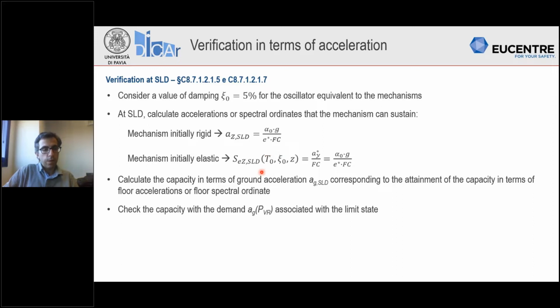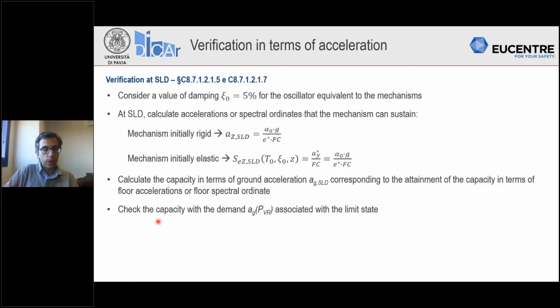So once you have identified the capacity, you will have to move to the capacity in terms of ground acceleration. So you will have to move somehow from the floor spectra back to the spectrum at the ground. So you will have to identify the capacity AG SLD corresponding to the attainment of the capacity in terms of floor acceleration or floor spectral ordinates.